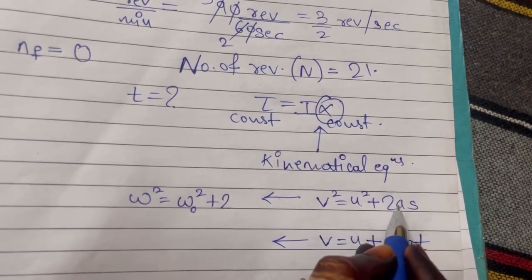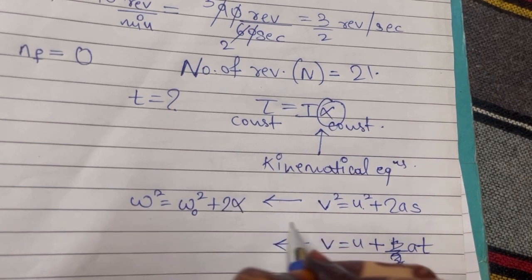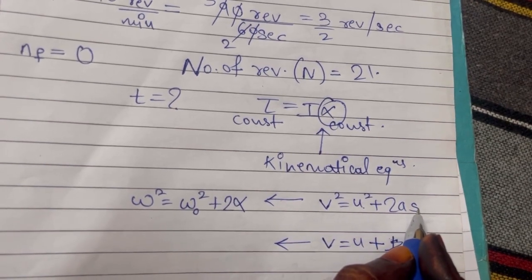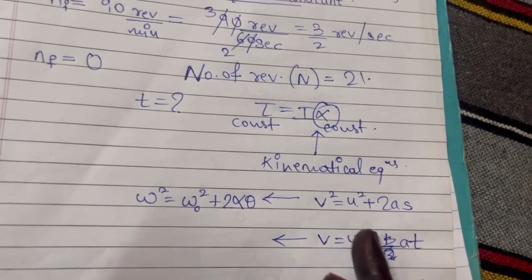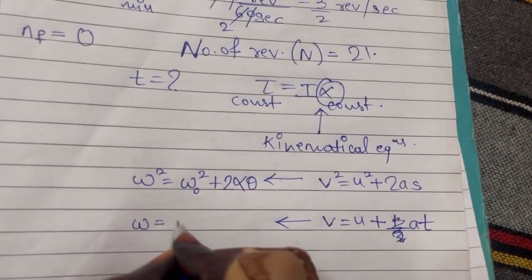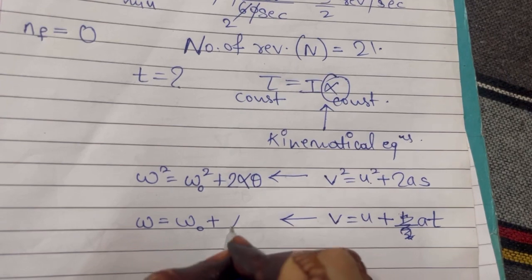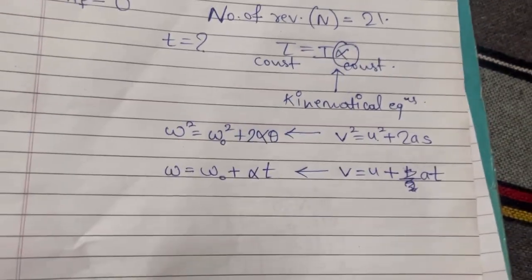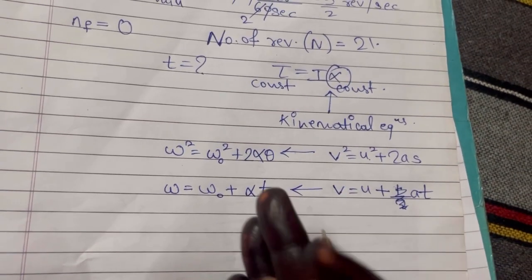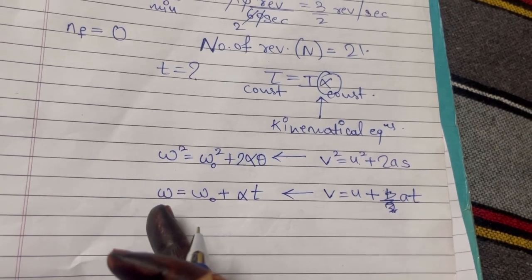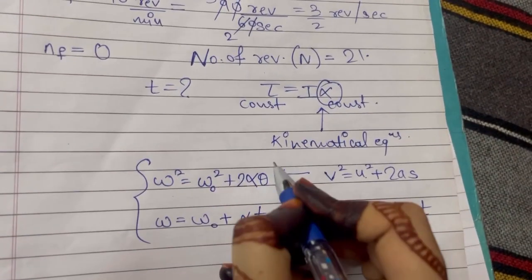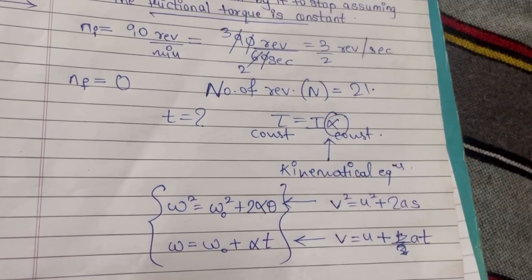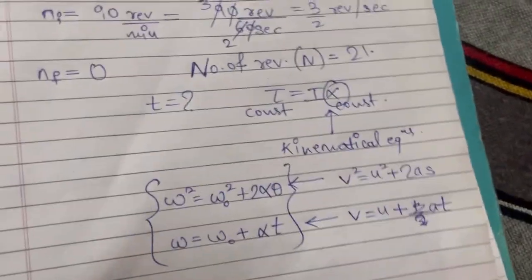In place of acceleration, angular acceleration. In place of displacement, angular displacement. Similarly, omega equals omega naught plus alpha t. This is the conversion of kinematical equations from linear motion to rotational motion. So of course we are going to use these ones because we are in rotational motion.